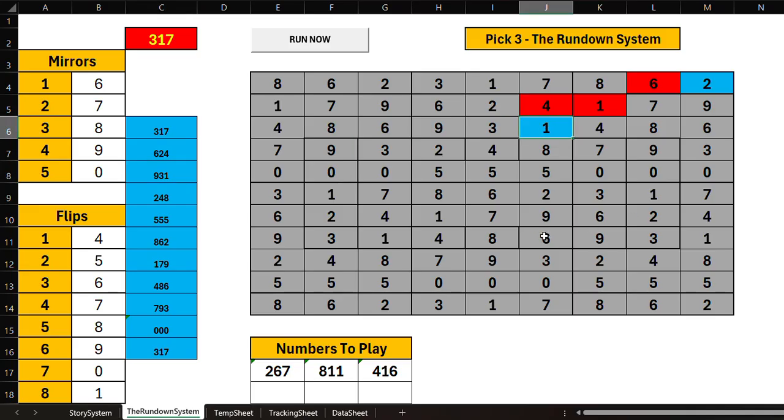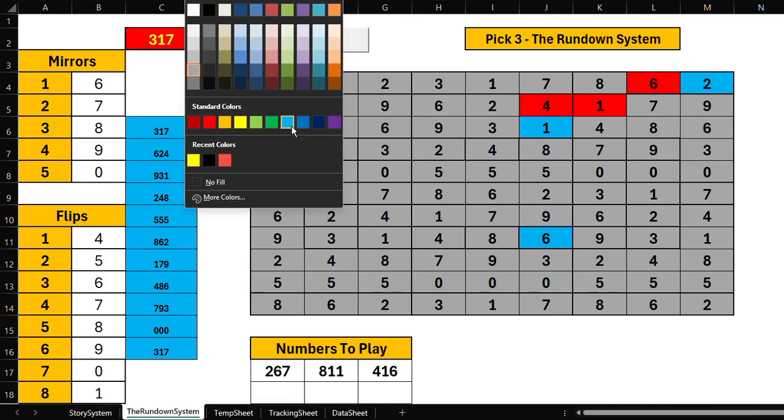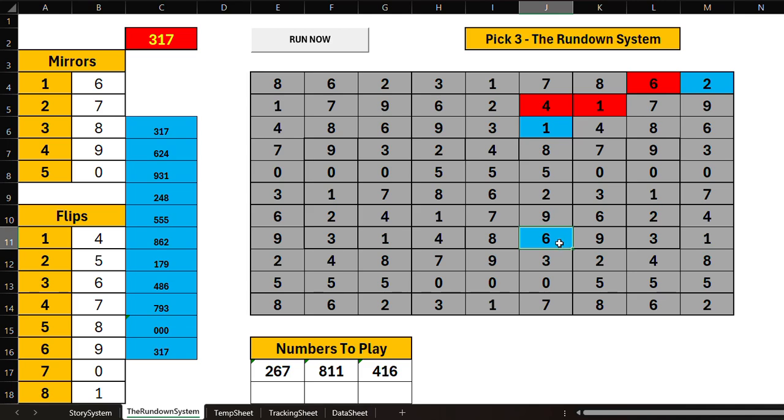But if you played on the 6th, that is the date of the game that you're playing. So let's highlight this here. And now it's going to go towards the 7, right? So 6 to the 7. 6 to the 7 goes back this way, right? So now there's probably going to be a number in there between.